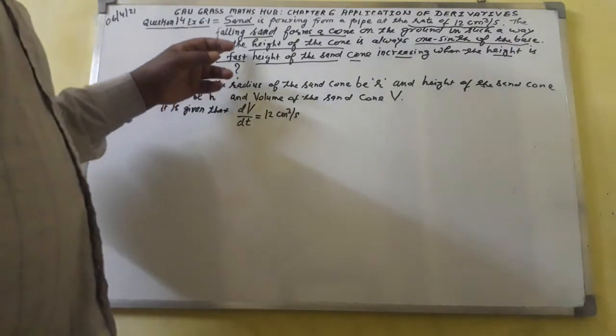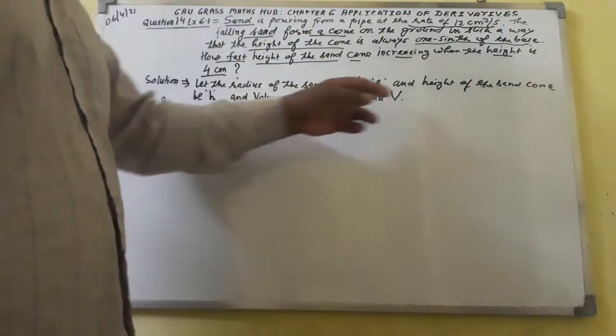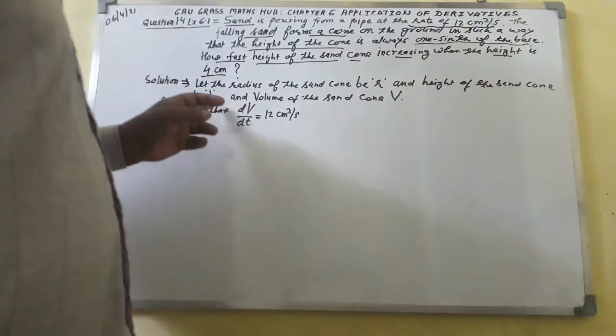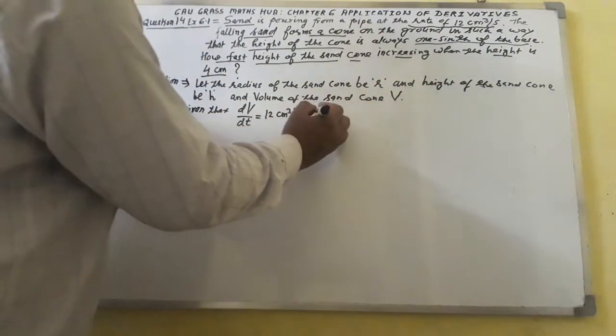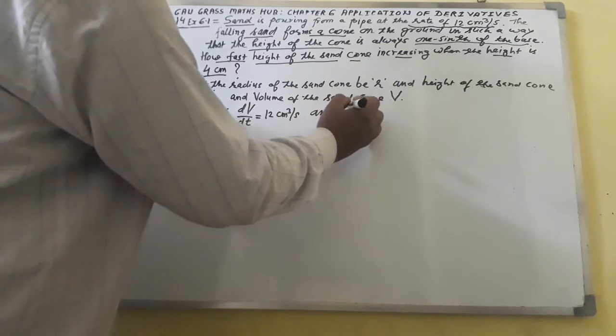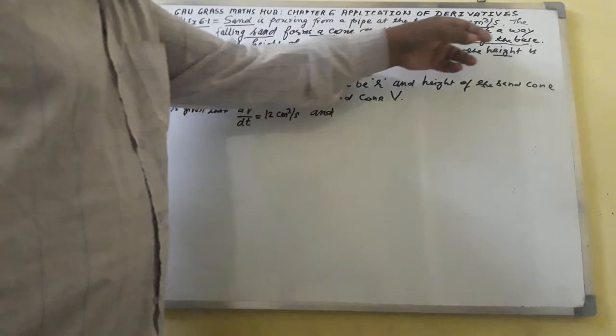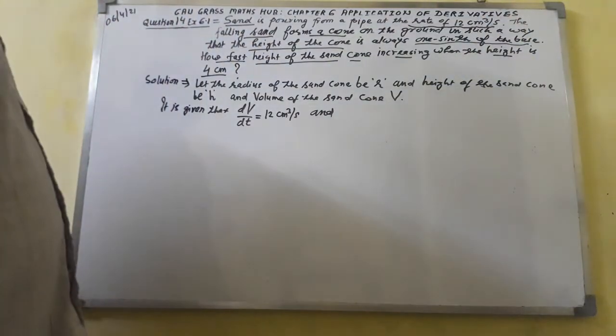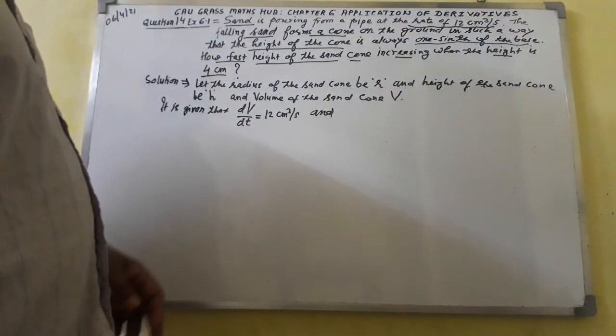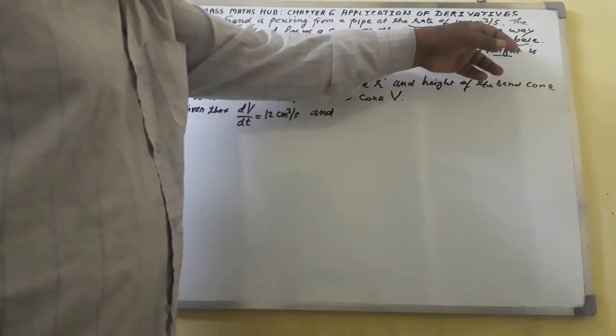Now height of the cone is always one-sixth of the base. One-sixth of the base means one-sixth of the radius.